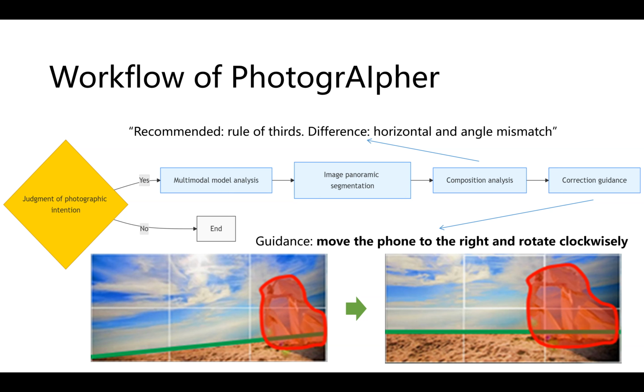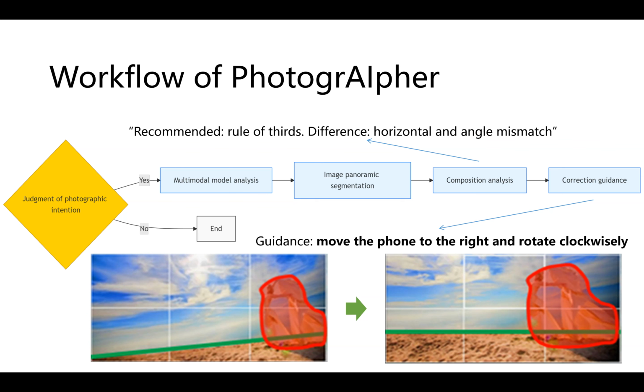We can do some calculation, maybe we're gonna get a score to measure the distance between the target and the present one. And finally, we got the difference, and we can generate the correction guidance.